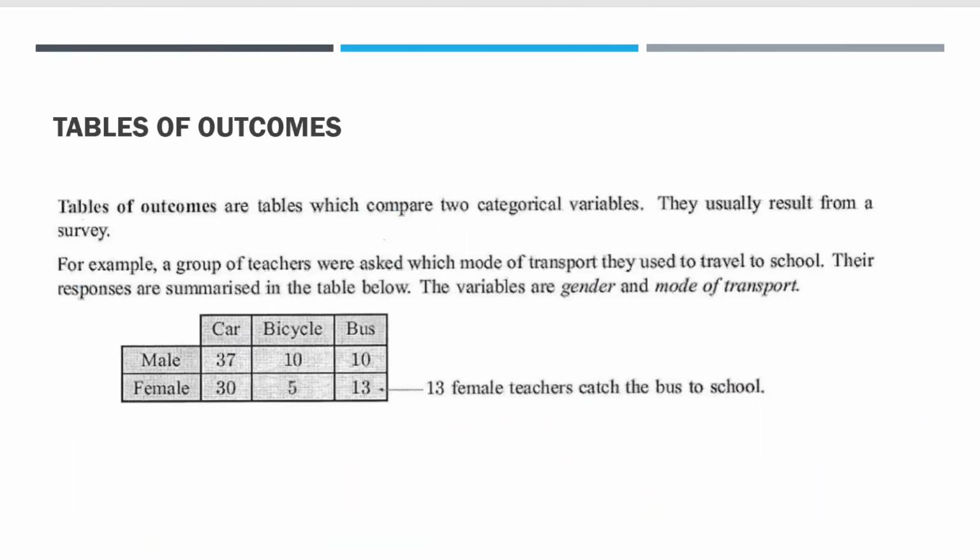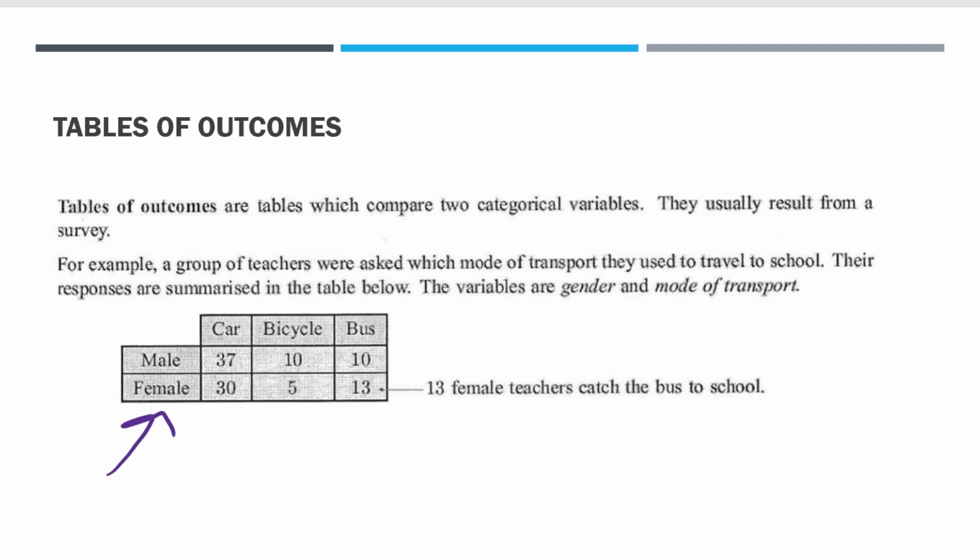On this slide, we're just going to talk about how information can be given to us in a table. So this says that we have a table of outcomes, and we use these typically to compare two categorical variables. And when we say two categorical variables, we're saying that it's not necessarily a quantitative measure, it's a qualitative measure.